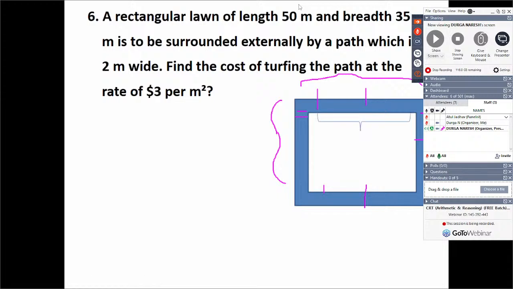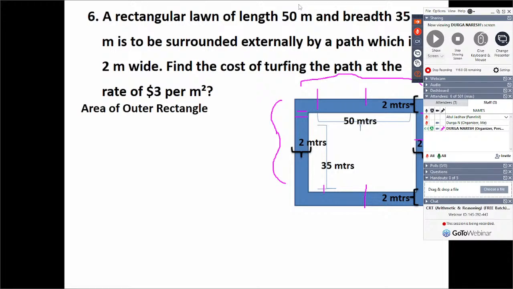The inner rectangle length is 50 and width 35. The path is 2 meters wide. So it means the outer rectangle length is 50 plus 2 plus 2, 54, and 35 plus 2 plus 2, 39. So what is the area of the outer rectangle? 54 into 39.